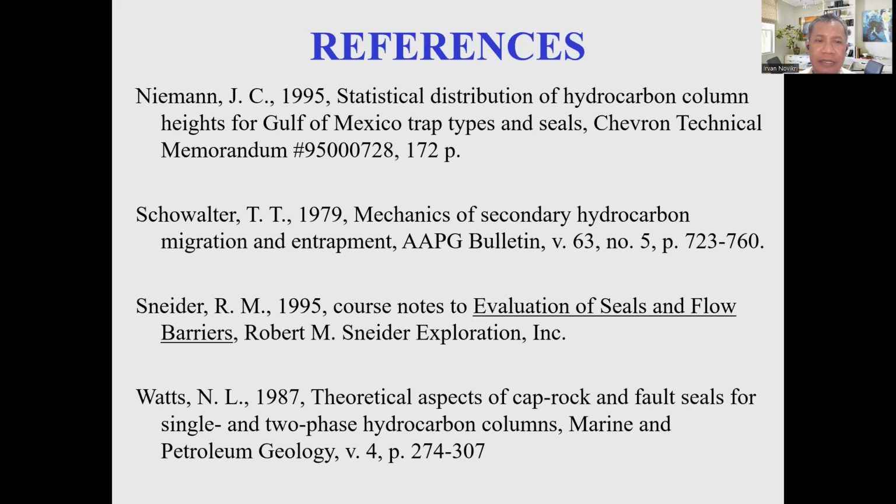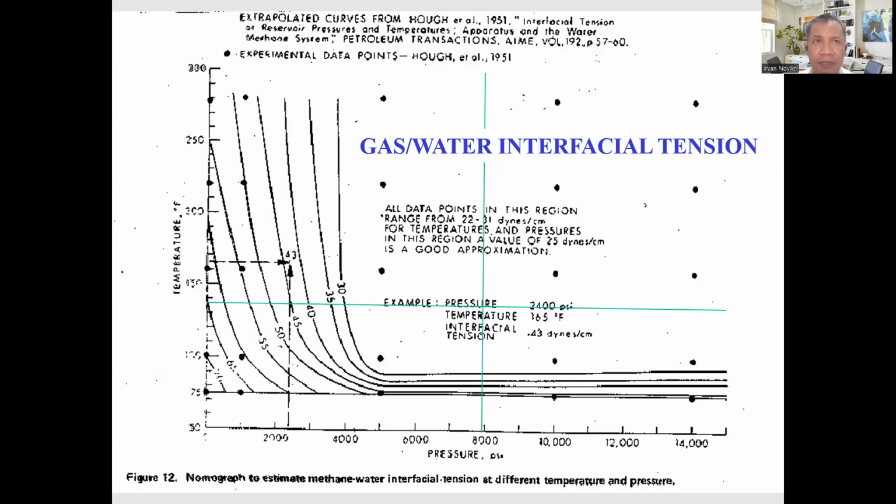There are a number of published papers used as references, with supplemental materials listed under the appendix. The extrapolated curves were obtained from a study conducted by Roach et al. in 1951.